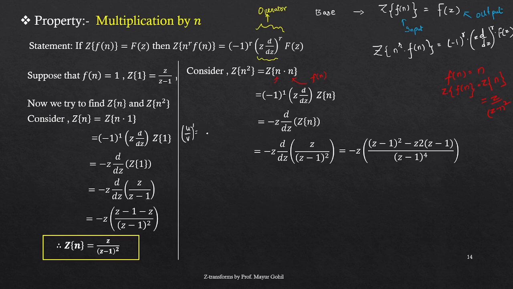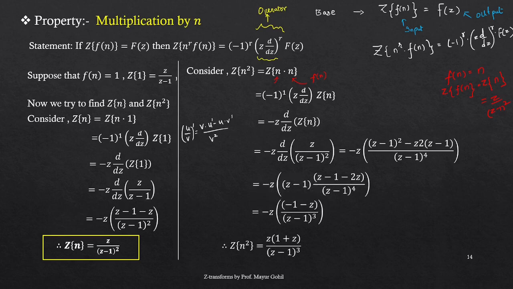It is going to be v into u dash minus u into v dash, the entire thing divided by v square. Okay, so we do that and the simplifications, and we get our answer: the z transform of n square is z into 1 plus z over z minus 1 the whole cube.